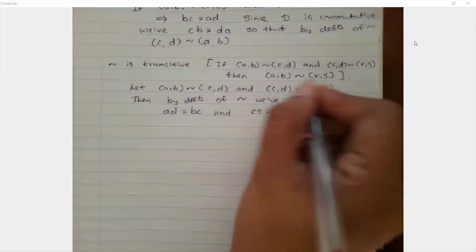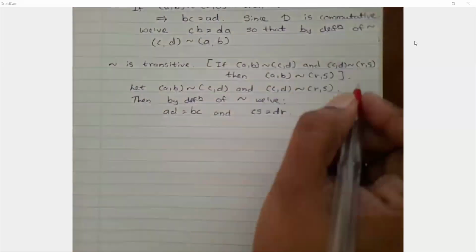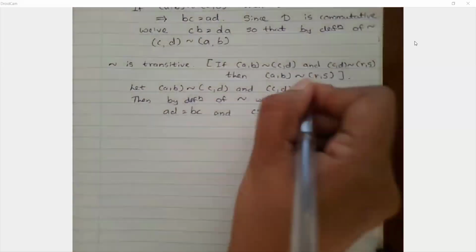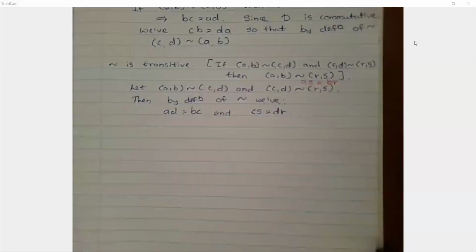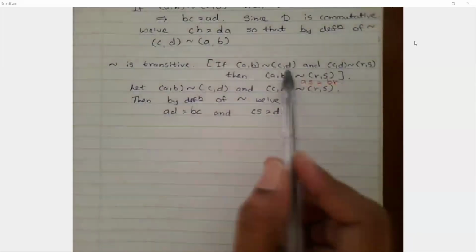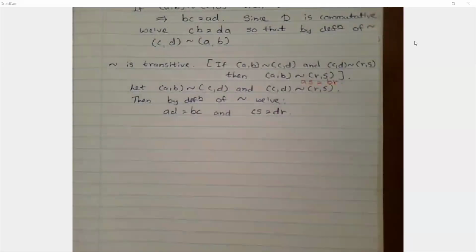So what exactly are we showing? If AB is equivalent to RS, all we have to show is A times S is equal to B times R. This is exactly what we are going to show, right? Now, observe that in each of these pairs, AB, CD, RS, the second elements B, D, S are all non-zero.